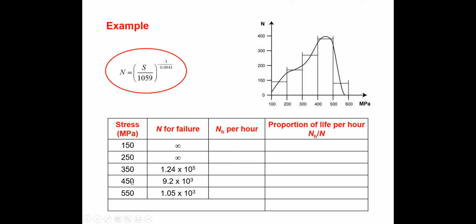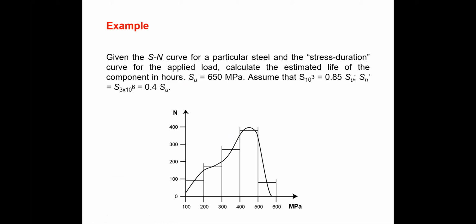But 350, 450 and 550 are above the endurance limit of 260. So you need to use this equation. Just substitute 350 here and find out the capital N value. So you will get the value for capital N. In here they put NH, but this is assumed as a small n, because per hour they gave this stress cycle per hour, the component in hour.